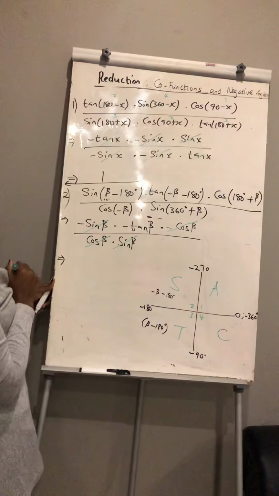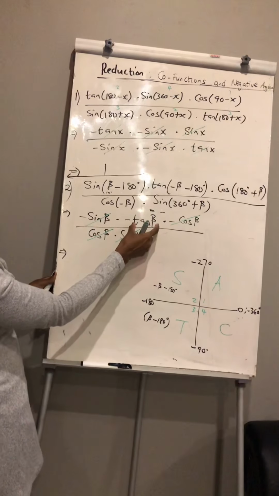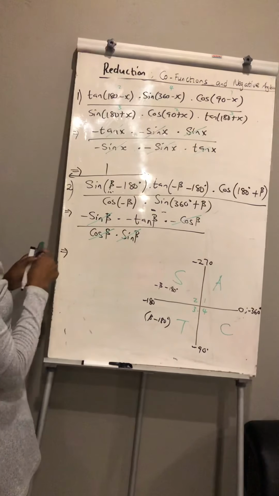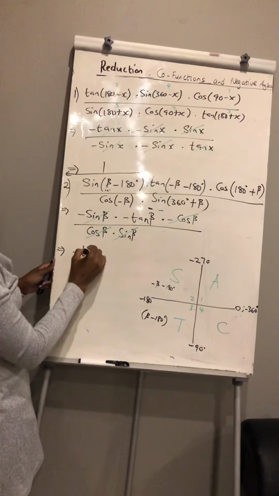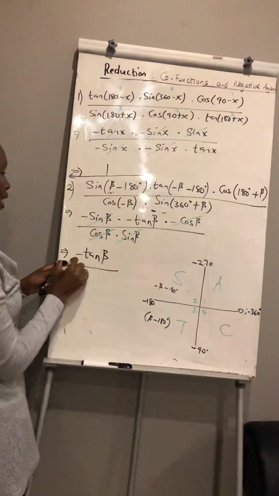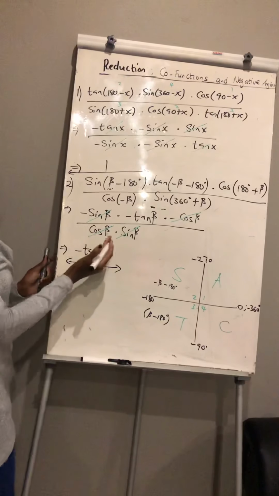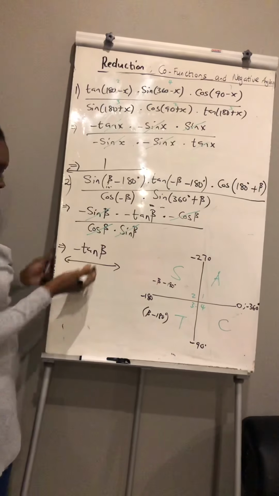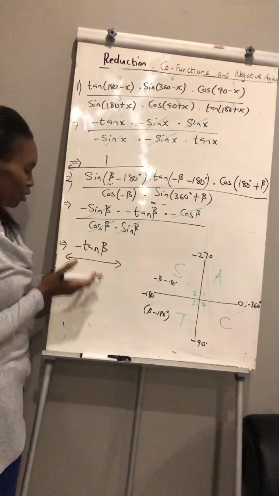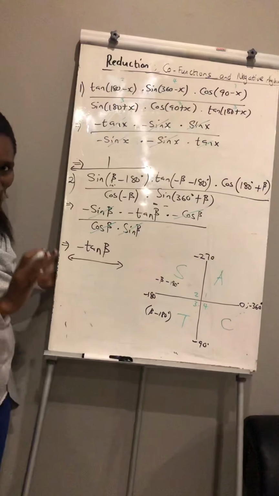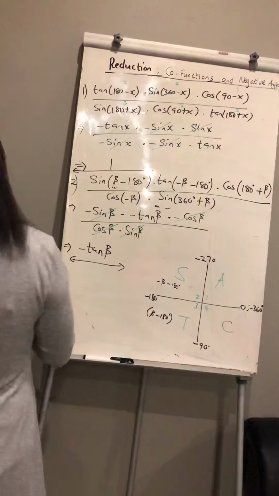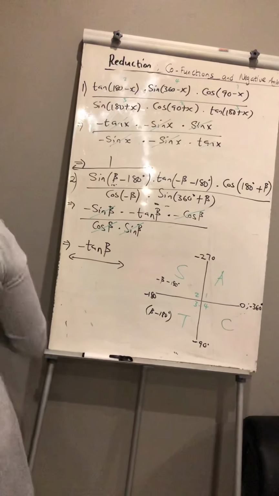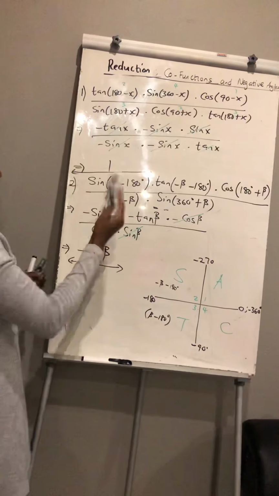This positive and that positive will cancel. It means this guy is left alone. So it does look like minus tan beta is left here. It's no use changing it to sine beta over cos beta because it's not going to cancel with anything. So you can leave it here as one term, at least. Then it will be simple right there. Okay, good. Let's keep going.